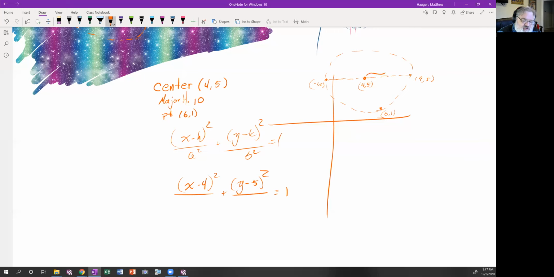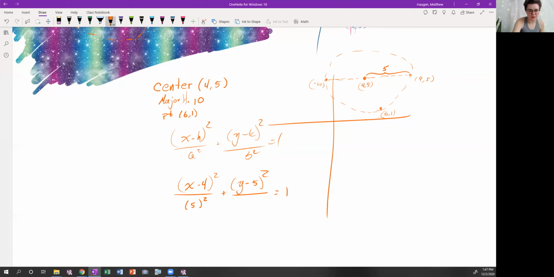And we know this radius in the horizontal direction along that major axis is 5, which means that A is 5. Is that fair so far?